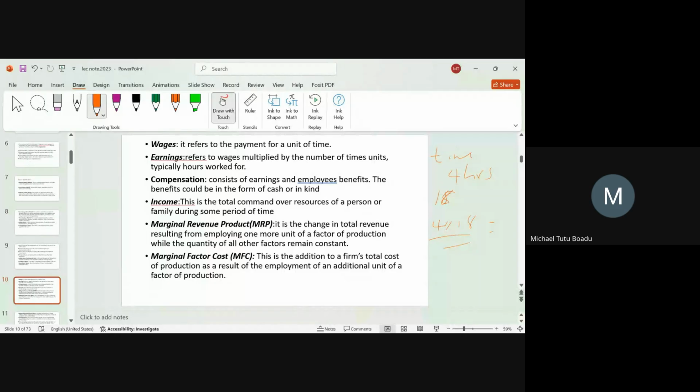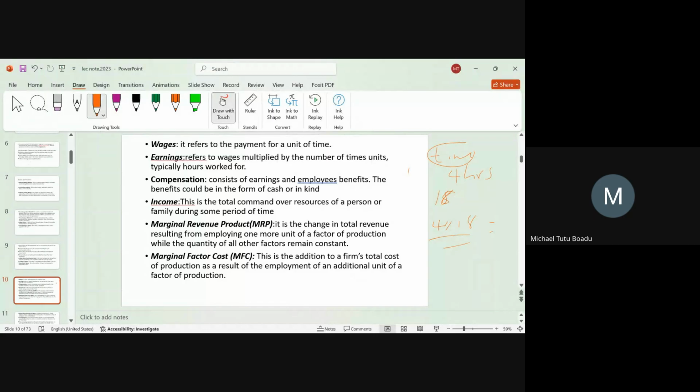The earnings is more or less the accumulation of all your wages over the period that you have worked. In the case of Ghana, it is not per time, it is per day. So if every day is 19.97 and you have worked for 22 to 23 days, then you multiply 19.97 by the number of days, and that will determine your earnings. So the earnings is just like your salary. There is a difference between wages and earnings.